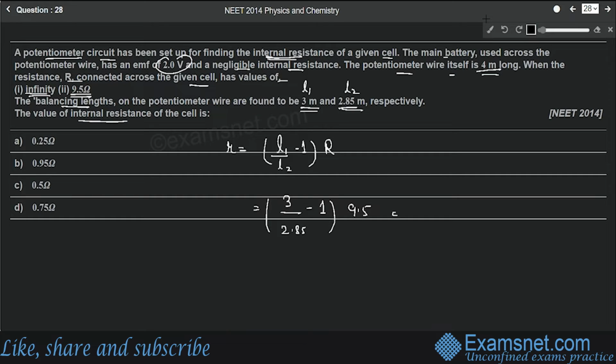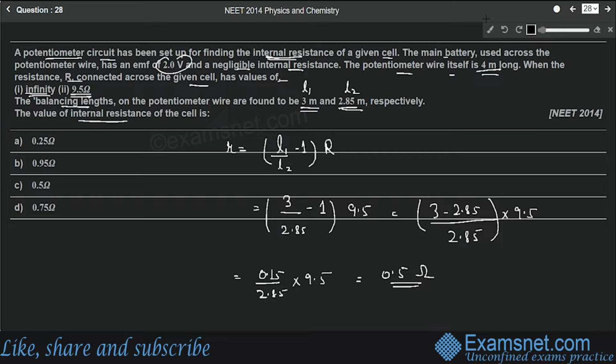If we solve it, here we have (3 minus 2.85) by 2.85 into 9.5. So 3 minus 2.85 is 0.15, divided by 2.85, into 9.5. On solving this, we'll get 0.5 ohm. Okay, that means option C will be the correct answer.